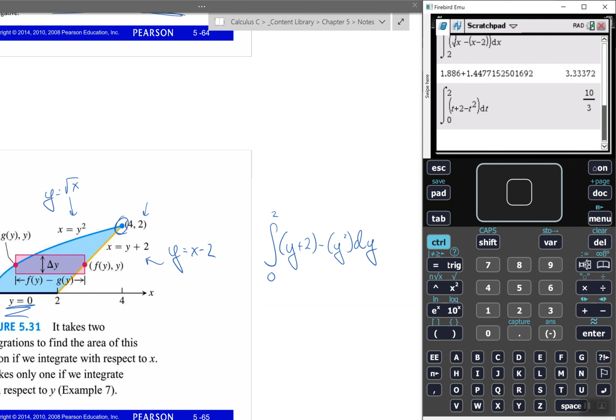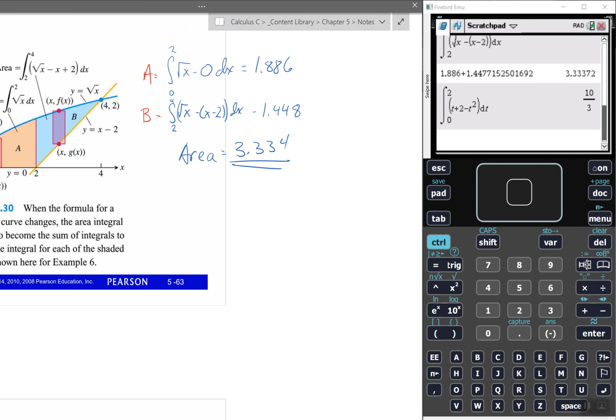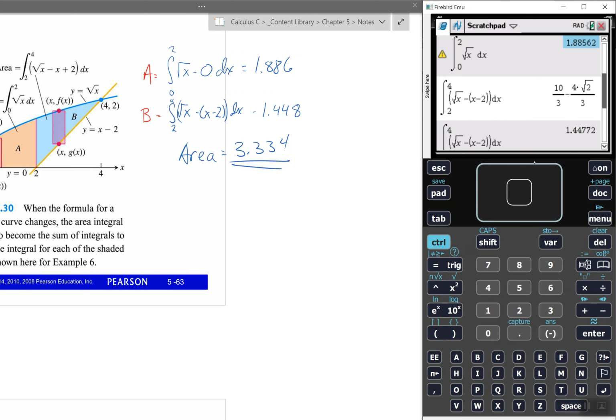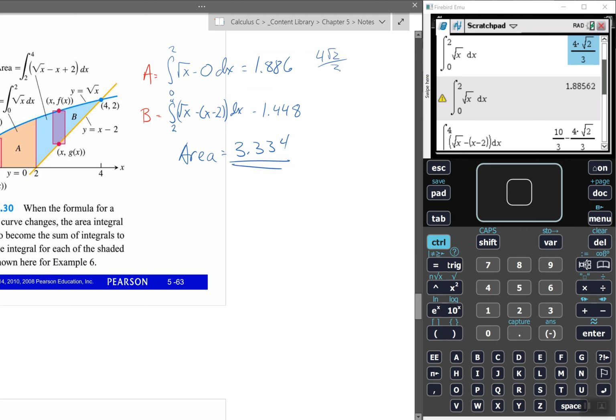Okay. So if we look back at this answer here, we had 3.334, which was an approximation. If we actually were a little bit more careful with that, and this is my mistake, the exact answer was 4 radical 2 over 3. And the exact answer for this one was 10/3 minus 4 radical 2 over 3.